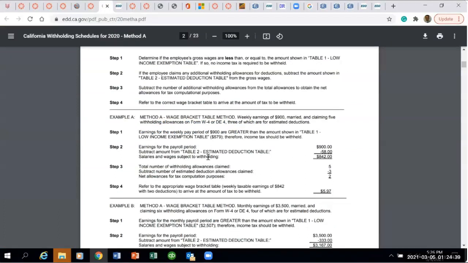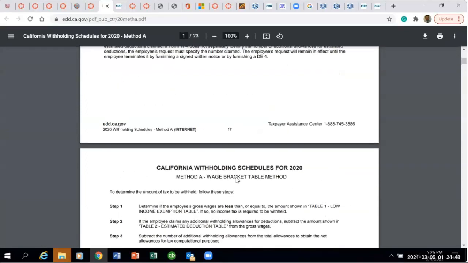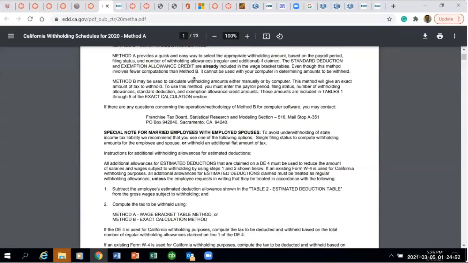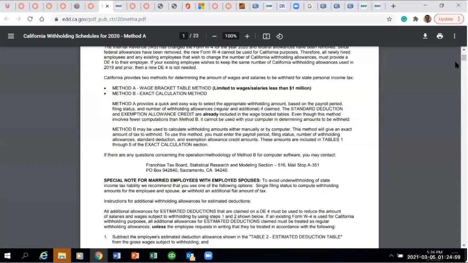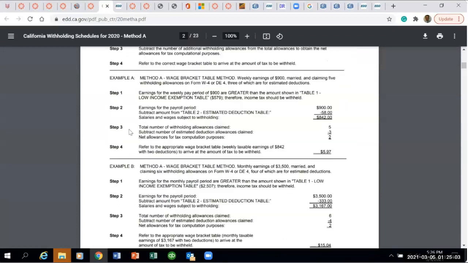This is an example in the California withholding method, method A in this document, for 2020, let's say. Okay, let's see how it works. This is an example, which is good to review.